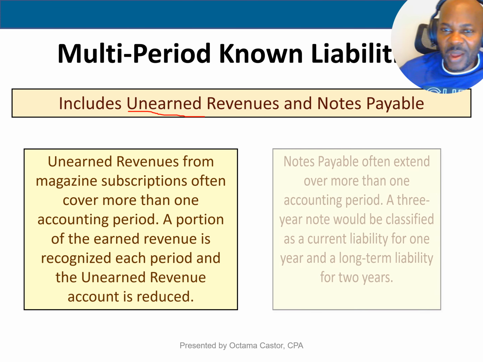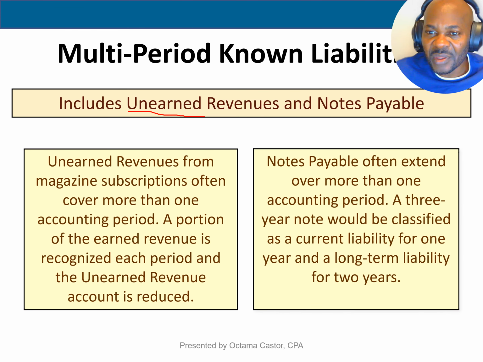Okay. What about multi-period liability? Multi-period liability is a liability that covers more than one period. Remember the example of the unearned revenue on the ticket sales for the concerts? That was a multi-period liability because, if you remember correctly, the sales were made in June, and the first concert was not performed until October.